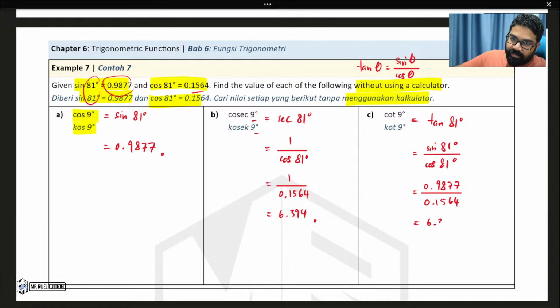Baik. Ya ke? Wait lah. 0.1564. Yeah, 6.315. Yeah, you're right. Okay. So this is complementary angle lah.